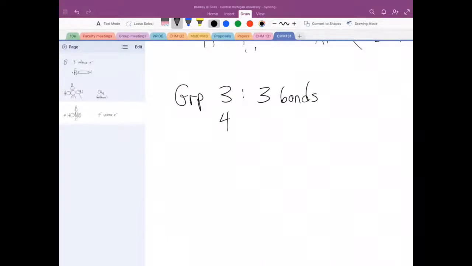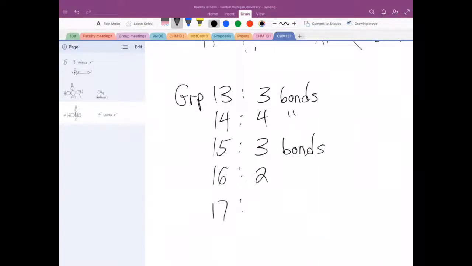Group 4 likes to form 4, and that's kind of the maximum. And then after that, you go down to groups 13, 14, 15, 16, and 17. Group 15 likes to form 3 bonds, group 16 2 bonds, and group 17 only 1 bond.